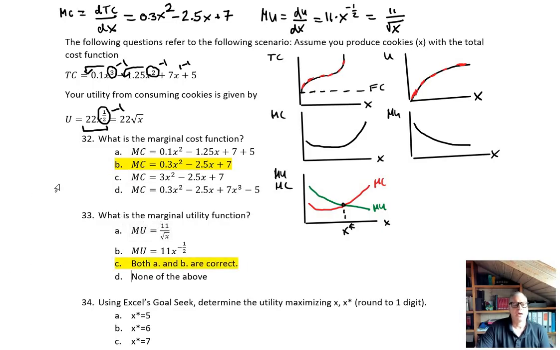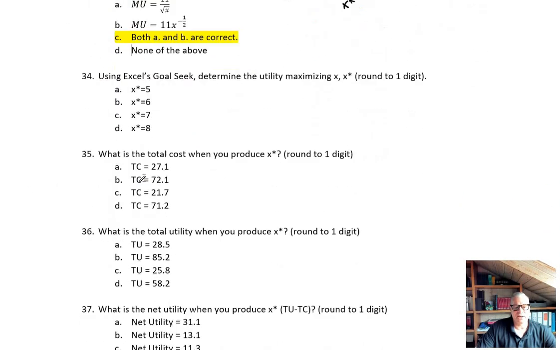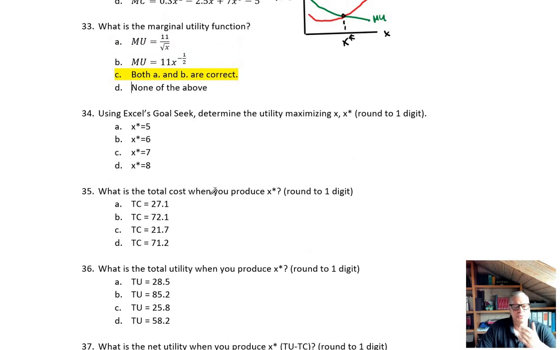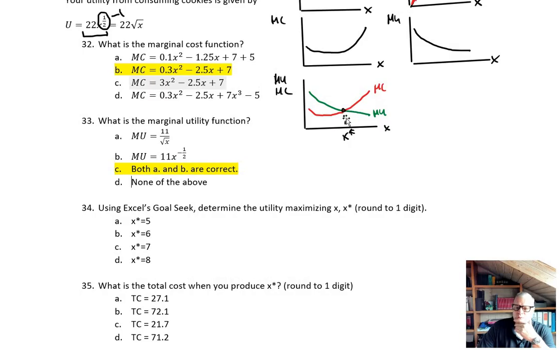Okay, so now let's move to Excel and draw everything. We still have a couple of questions, and those questions refer to what is the optimum choice here.